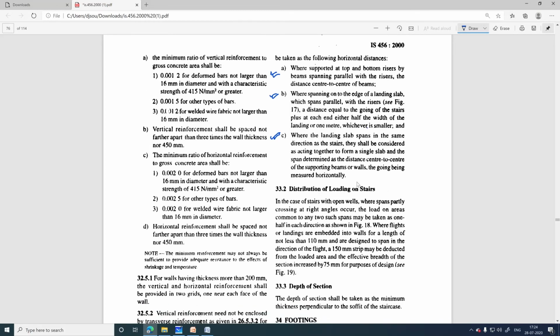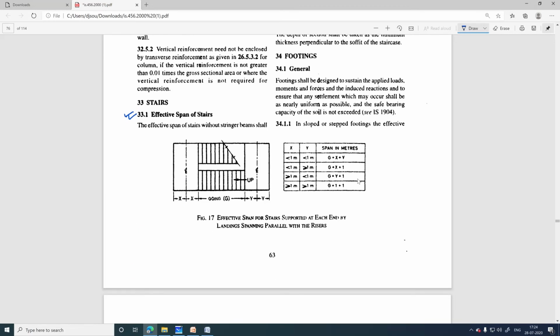Let us see where is figure number 17. This is figure number 17, and here you can see the support is given in these particular portions, for both the sides. For that case we need to consider these conditions.